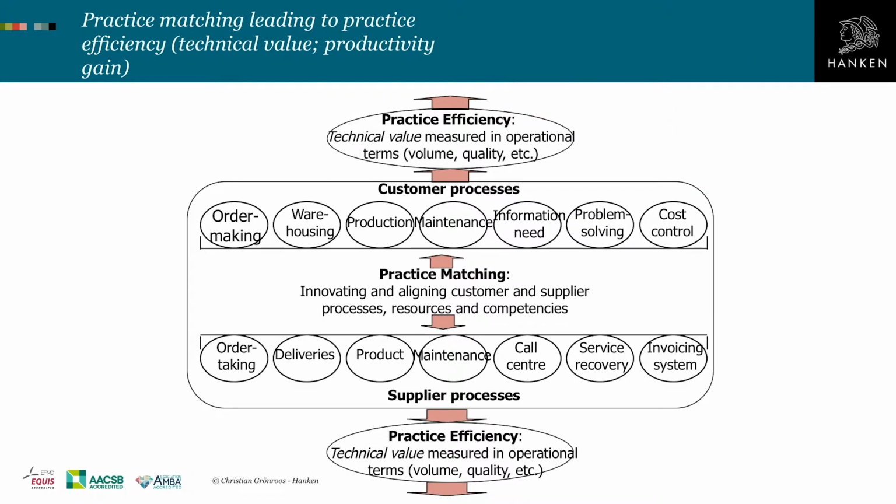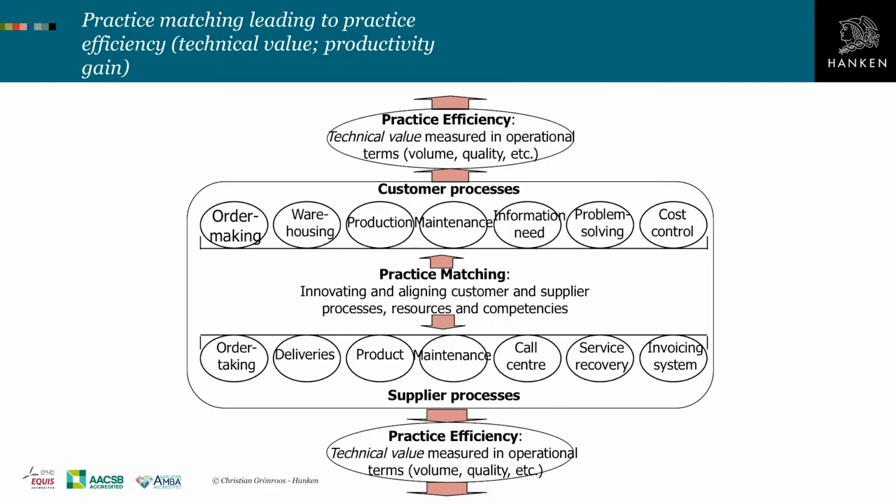Now, let's move into a situation where we add the supplier side into the business. Let's look at the middle part of the slide. There are customer processes and supplier processes. And in the middle is something called practice matching. Now, the interesting thing first is to observe that the customer goes through a voyage.